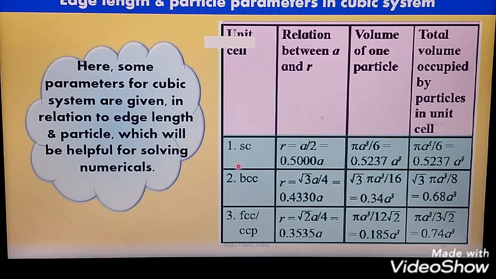Here the unit cells are given, which we have already learned: simple cubic, body-centered cubic, and face-centered cubic close packing. Relation between A and R, where A is the edge length and R is the radius. Here you can find the relation between the volume of one particle and the total volume occupied by the particles in the unit cell.